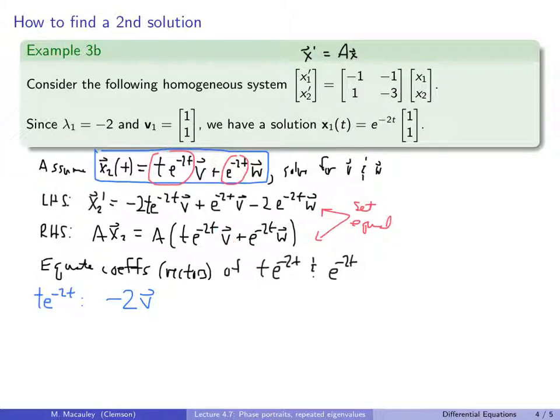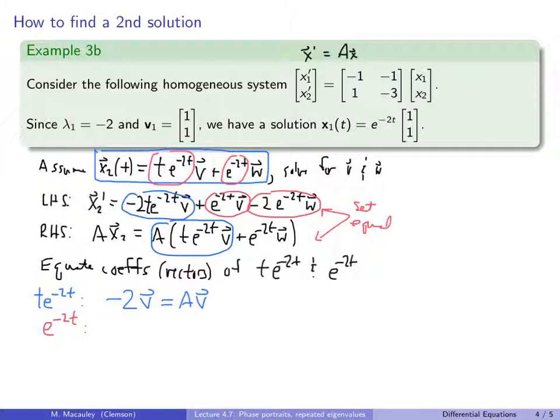So set that equal to A times v. You see what I'm doing? I'm saying if this has to be equal to that, then that term better be equal to that term. And similarly, the coefficient of e to the minus 2t that doesn't have a t in it, we have one of those here, and we have one of those there.